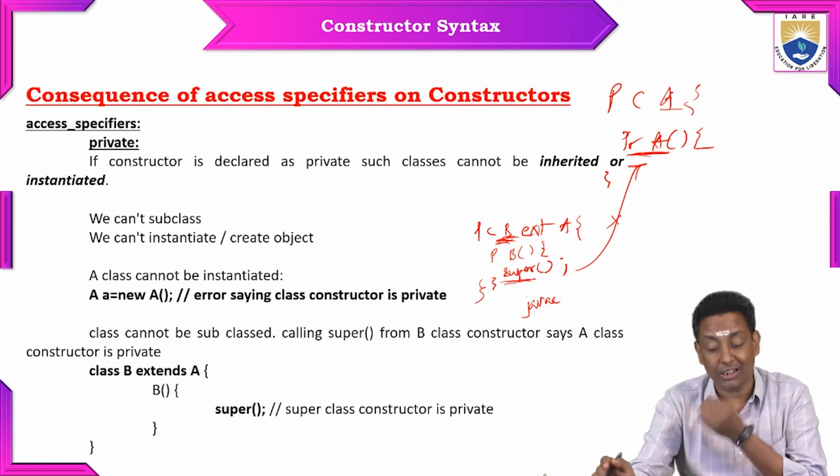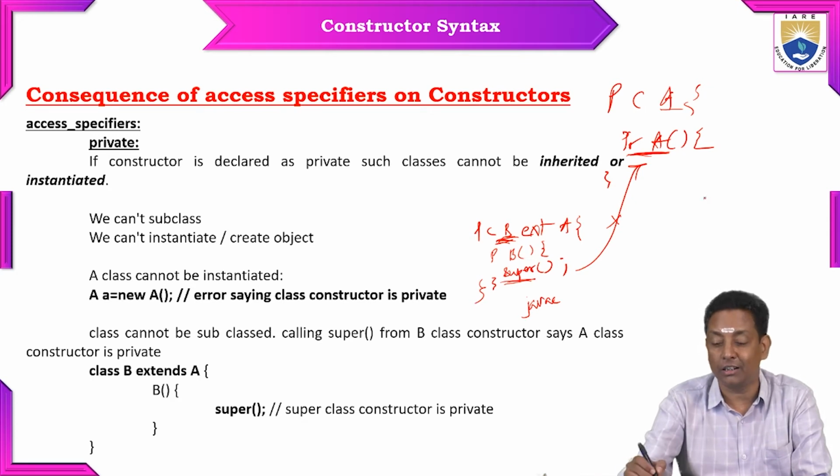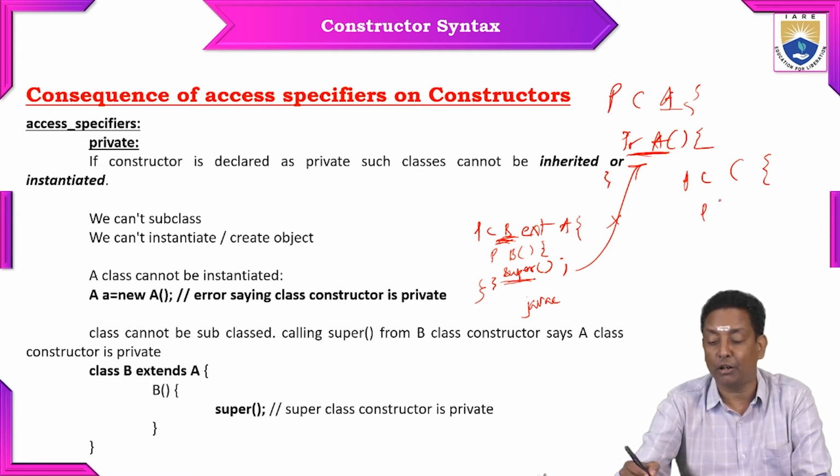After all, if a child class cannot be generated, suppose you write one more class, public class C, in which, in public static void main, to run a standalone program, in the same package, A a = new A().